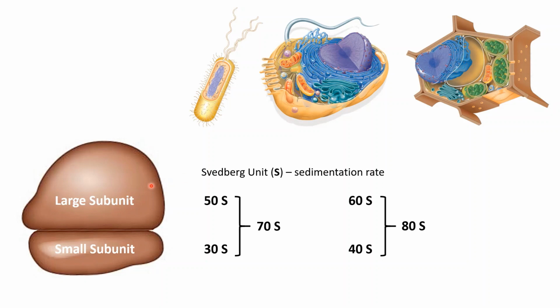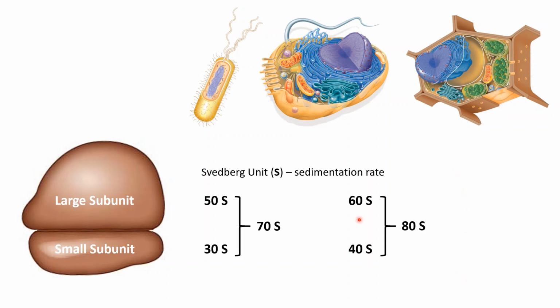Notice that larger subunits have a higher Svedberg unit, and that is because it takes them a shorter amount of time to sediment at the bottom of the test tube. The smaller subunits have a smaller Svedberg unit because it takes them a longer amount of time to sediment onto the bottom of the tube.